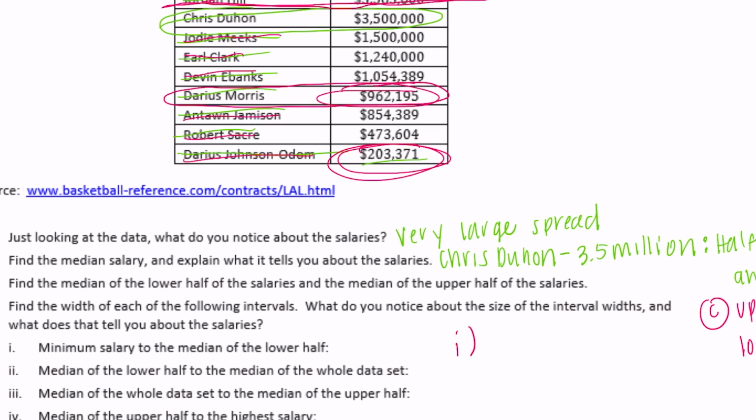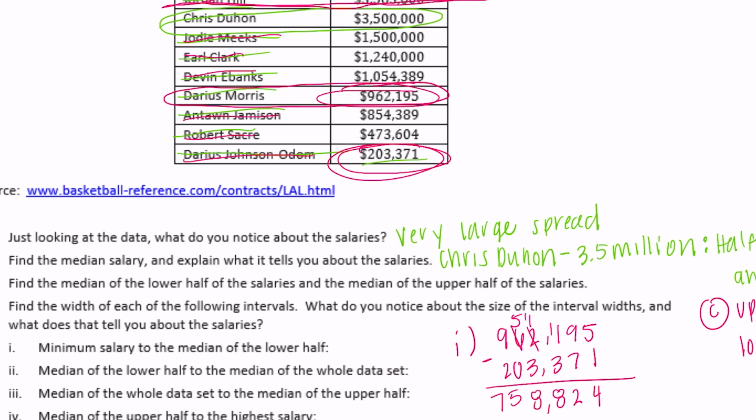Let's try that. So 962,195 minus 203,371 is $758,824 for I.